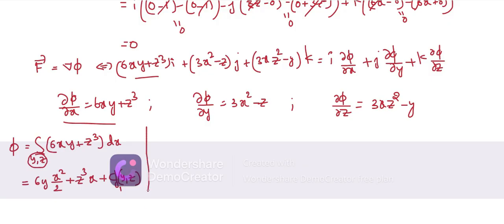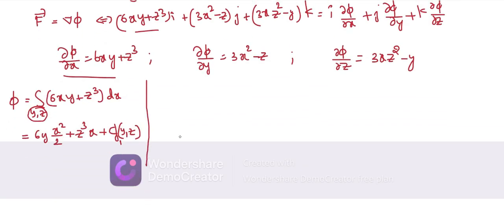Let me do the same thing for this. Let us do the direct integration with respect to y. So phi equals the integration of 3x square minus z with respect to y, and while doing that, x and z are constant.